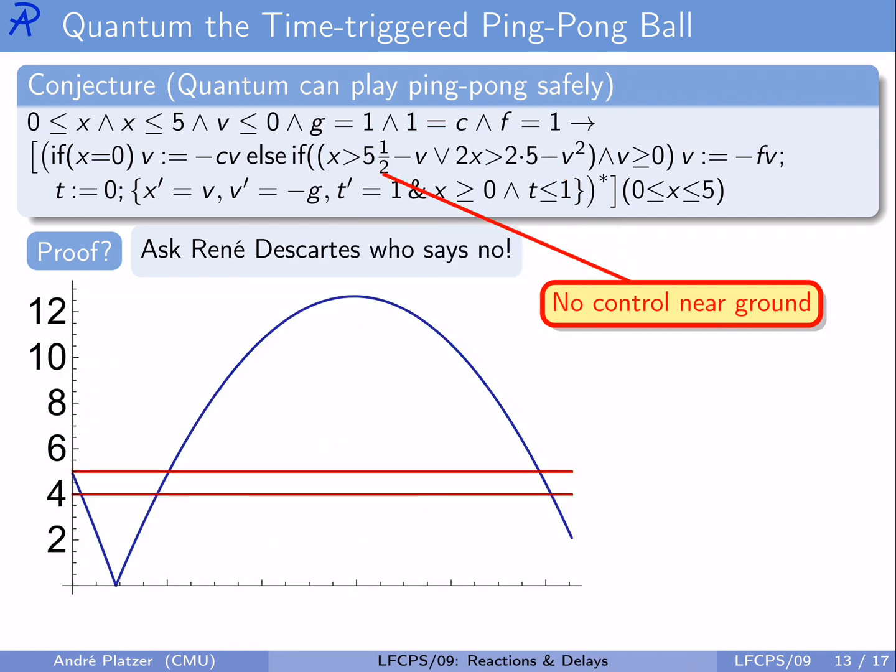But the problem is that we're not actually safe, because even if this control is doing all kinds of beautiful things, we're only executing it if we're not on the ground.